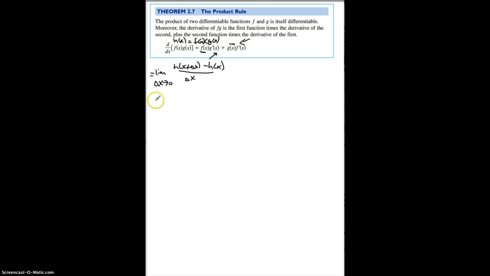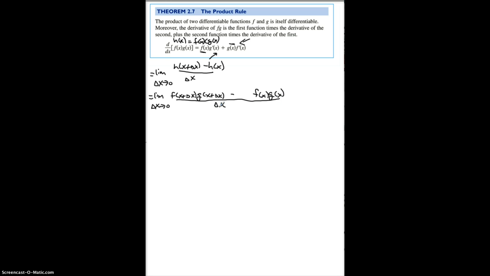All right, so I'm going to take the limit as delta x goes to 0 of, let's see, the first term is f of x plus delta x times g of x plus delta x minus f of x, g of x, all nicely divided by delta x.